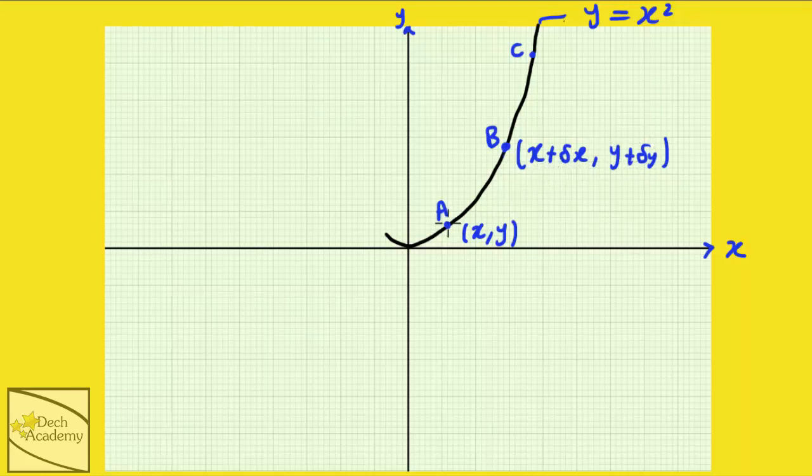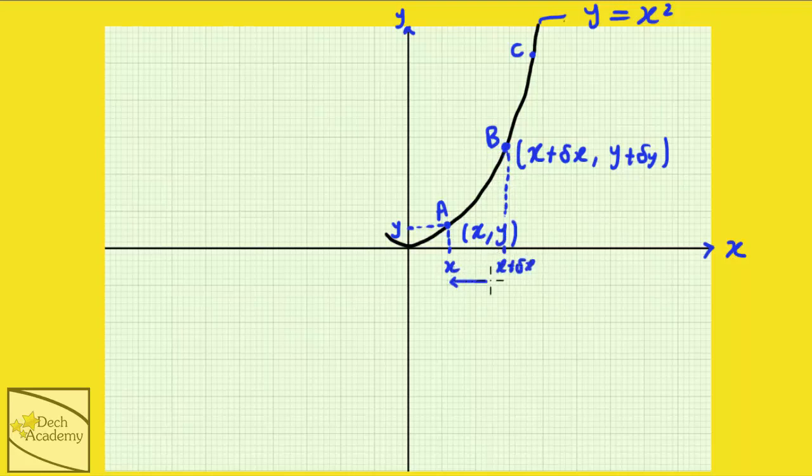This simply means that I'm moving along this curve, and as I move from point A, which has an x coordinate of x and a y coordinate of y, I move to a point B, and as I move to the point B, the x coordinate increased by an amount equal to delta x. So I move from here to here, so the x coordinate of point B is x plus delta x.